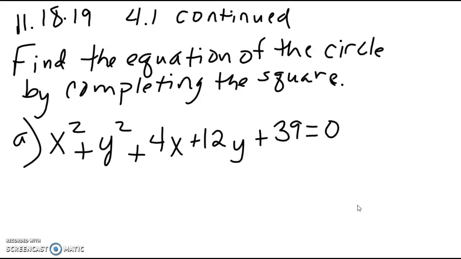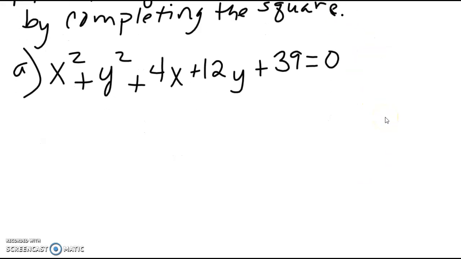We talked about the steps last week. Cheyenne, can you recall the first step? What was our first step in completing the square? Putting your x and y values together. So step 1, we're going to put our x and y's together. So that means x squared plus 4x plus a blank.